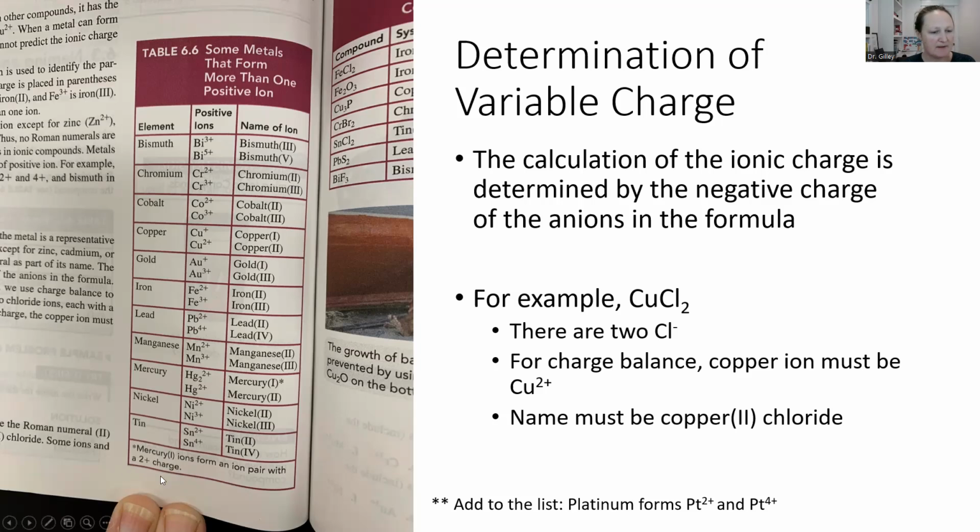So overall they have a 2+ charge. That one's a little bit tricky because the charge is the same, but you can tell the difference by whether or not it has a 2 in the subscript. So no 2 is actually mercury 2. And if you see mercury with the subscript 2, that's actually mercury 1. So that one's a little tricky, something to commit to memory there.